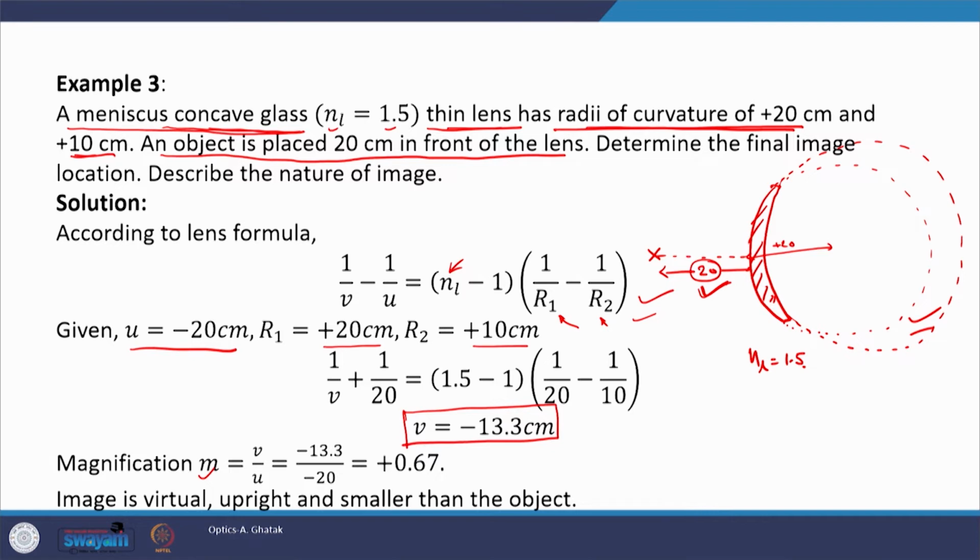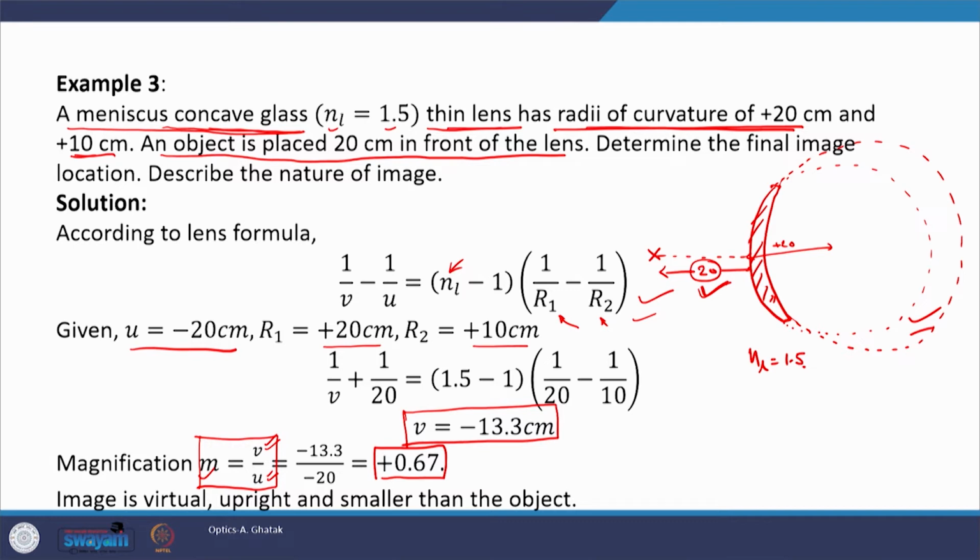But here the relevant quantities are V and U, therefore we will use the formula m is equal to V by U. We substitute for V and U, and this gives the value of magnification as plus 0.67. We know that when magnification is positive, it means the image is upright, pointing upward, erect.